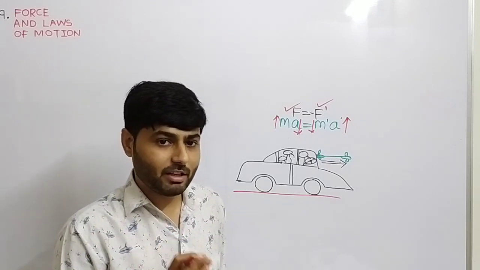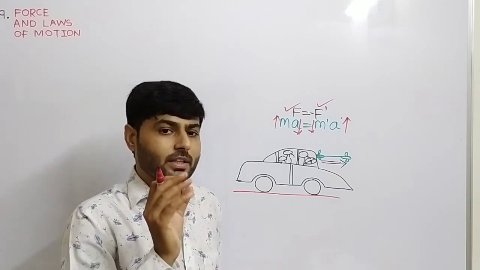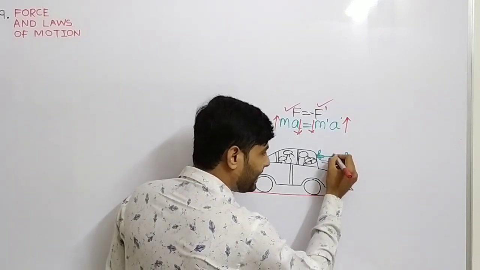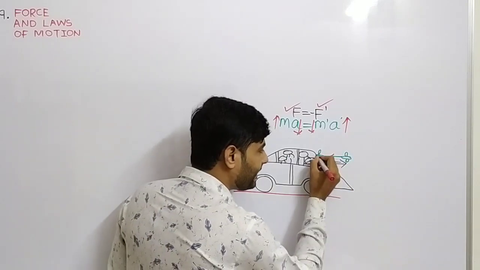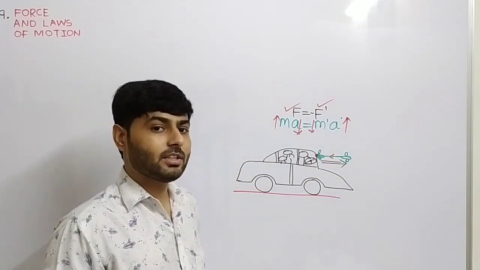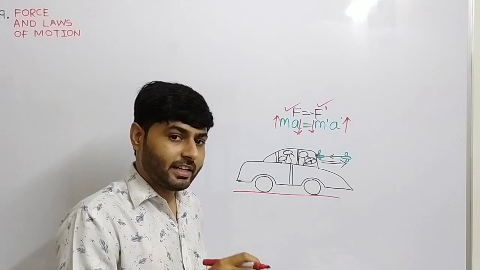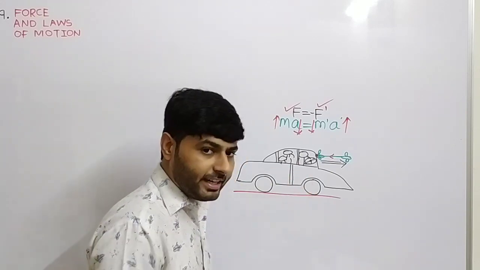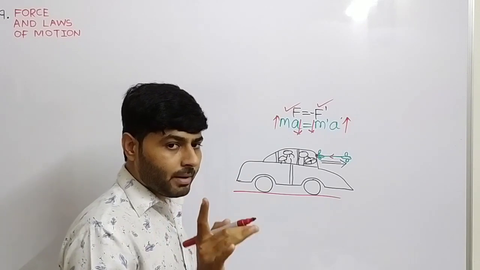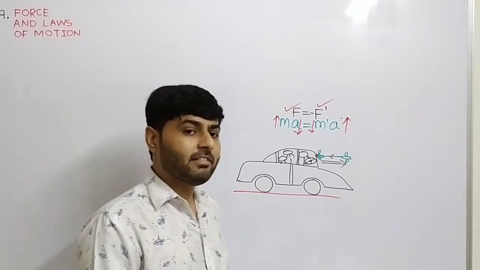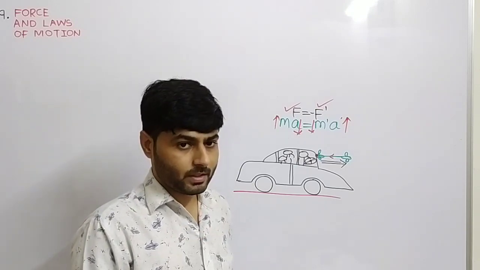Why will the impact be very high? Because of the time for reduction in velocity. Here the insect has some velocity, and at this time its velocity will be 0 meter per second. The time for this reduction in velocity will be very low, and you remember from the equation that time is inversely proportional to force.